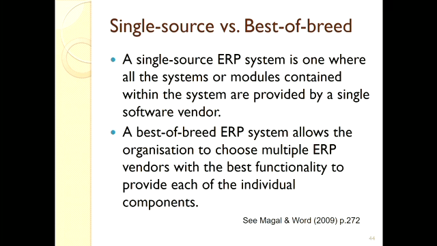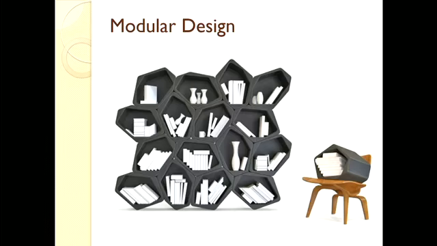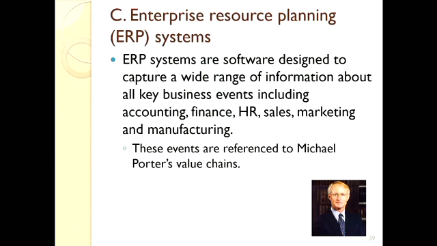So one last concept I would like to mention is the single source and the best of breed systems. A single source ERP system is where all the systems or modules contained within the system are provided by a single software vendor. For example, remember Michael Porter's value chain, these 6 departments?